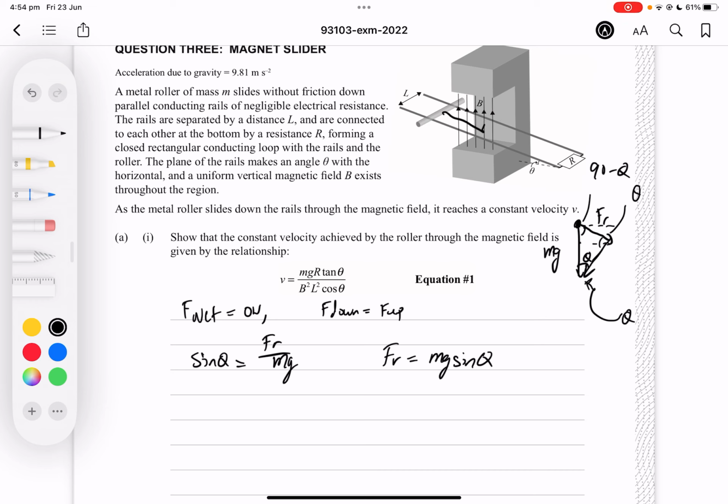And it's going to be some component, we'll call it VH, that is going to be cutting the magnetic field perpendicular to the magnetic field. And in terms of similar angles, we can use alternate angles on parallel lines to deduce that angle is theta. So therefore, we can say that cos theta equals VH over V, which is the velocity down the ramp. So therefore, VH equals V cos theta.